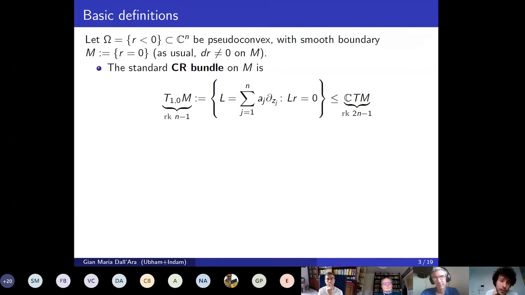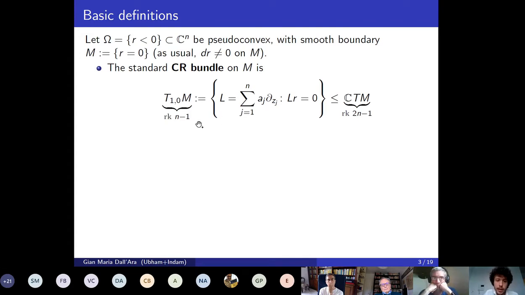The basic object we are going to deal with is the standard CR bundle on M. Since M is a real hypersurface, as the boundary of a domain in several complex variables, it comes equipped with a natural CR structure, which is the CR structure inherited from the ambient complex structure.